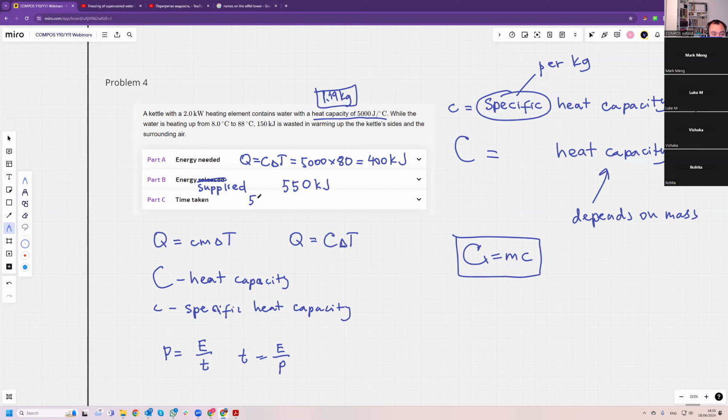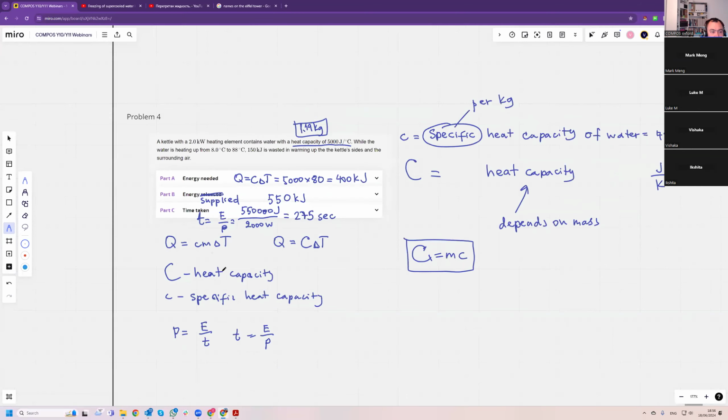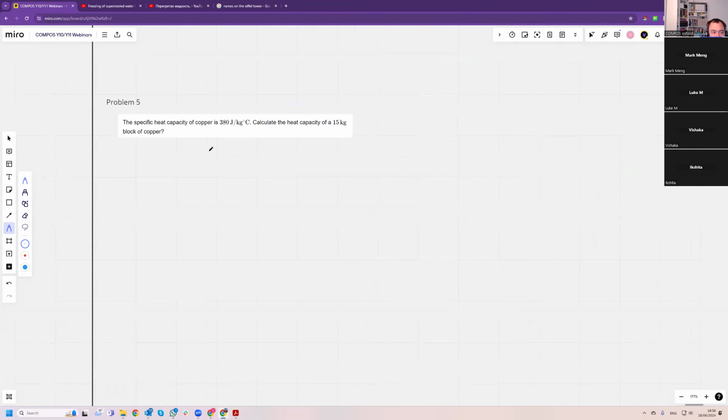So it's 550,000 joules divided by 2,000 watts, which gives us 275 seconds. So time is energy divided by power. Okay, moving on.